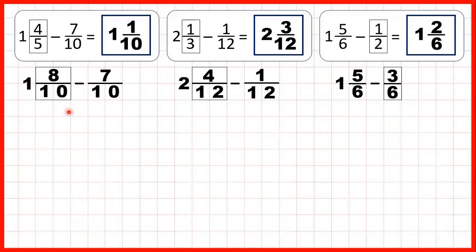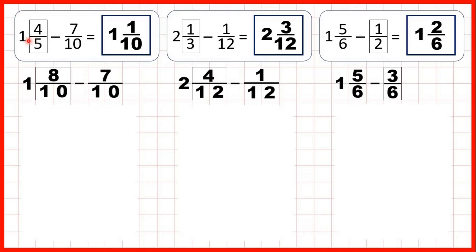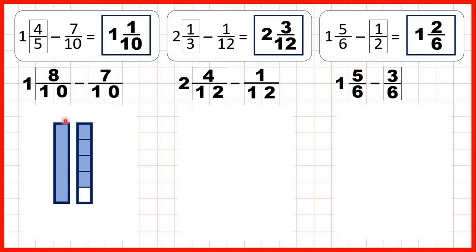So let's see what we did here. For this first question, we started with 1 and 4 fifths, but we needed to subtract 7 tenths. So we changed those 4 fifths into 8 tenths, and then we could subtract 7/10 to leave 1 whole and 1/10.